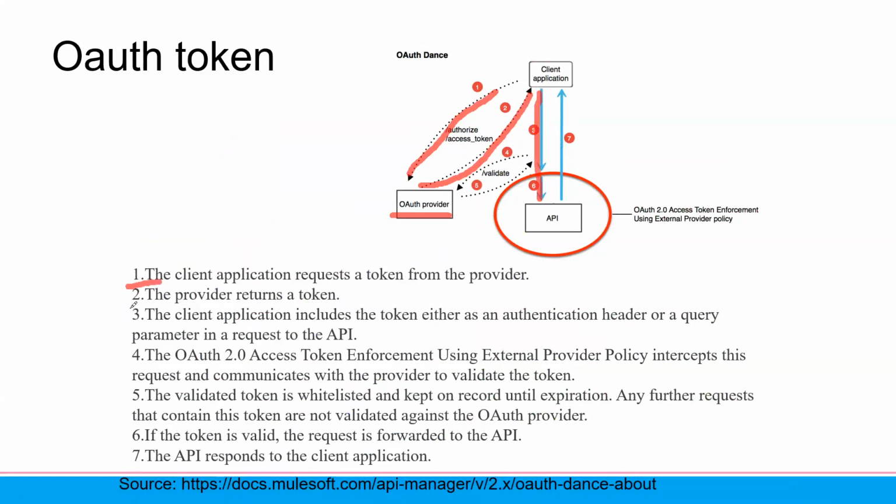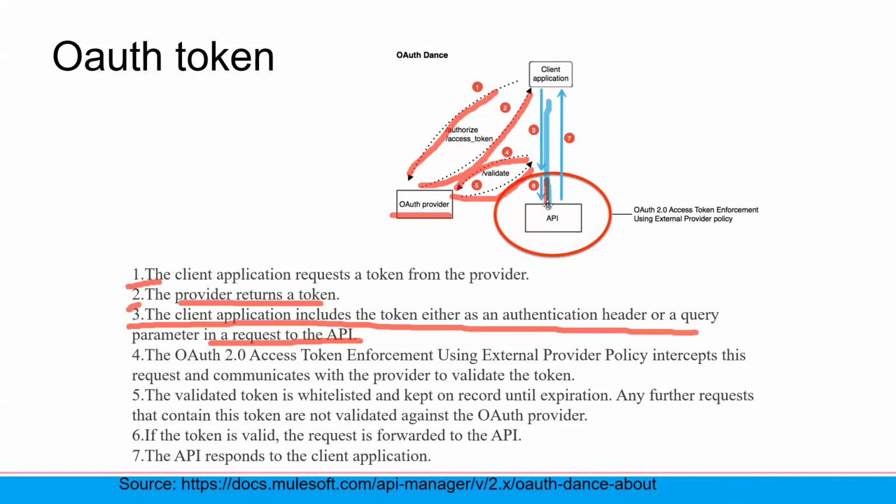So in number one and number two, if it is authorized, then it will give the token, and the client application includes the token either as an authentication header or query parameter in a request to the API. It will check if it is validated, then the validation will return back to this mechanism so it can connect to the API. Once the API is confirmed, we return back to the client to give the response.